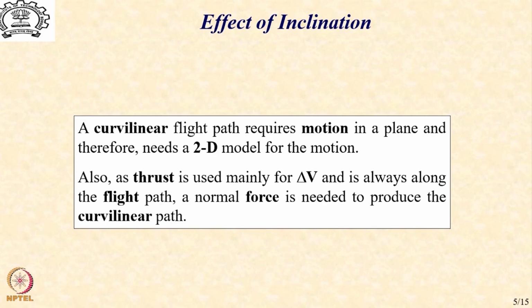Also, we need to realize that thrust, which is the primary force for generating the velocity, is generally kept along the flight path so that no amount of propellant is wasted in generating the curvature of the trajectory, and therefore we need an alternate force normal to the velocity vector, which will produce the rotation of the velocity vector and hence a curvilinear path.